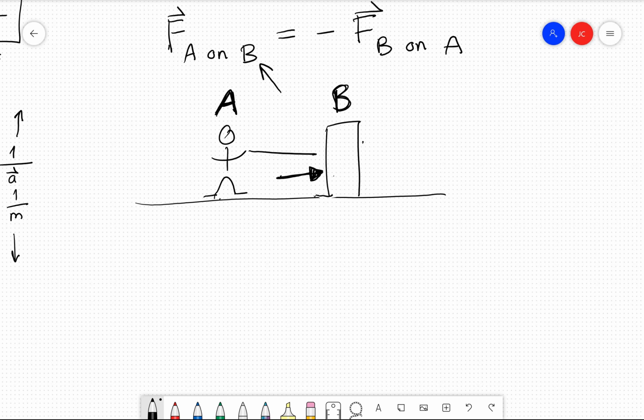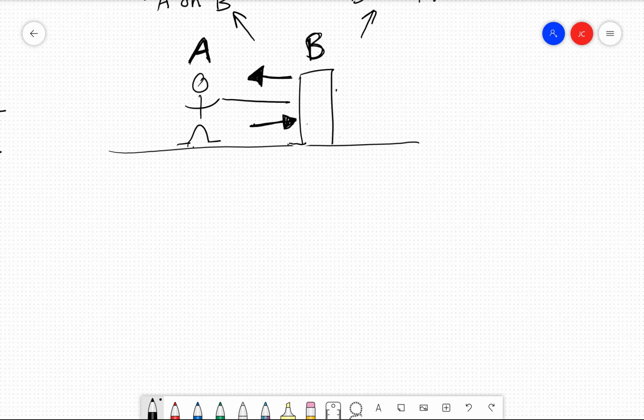Well, if he's on ice, you can try this if you go skating: if you slam into the boards at the side of a hockey rink, you are going to get pushed away from the boards, and it'll probably hurt. But you're going to get pushed away, and that is this force, the force of B on A. The important thing to understand about this force is that these two forces are equal.